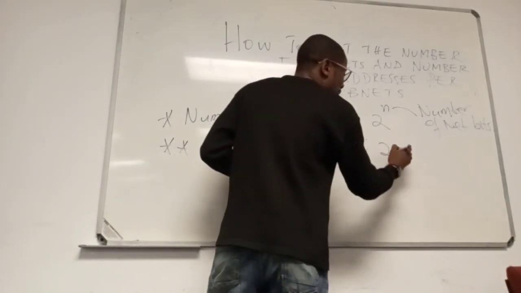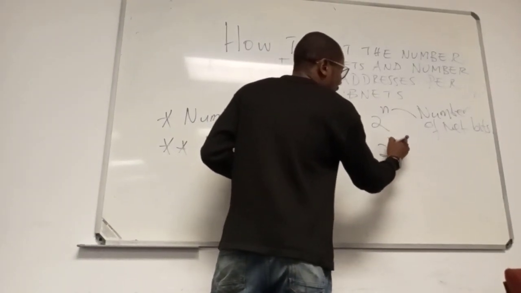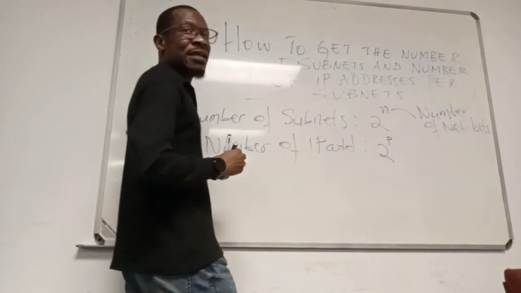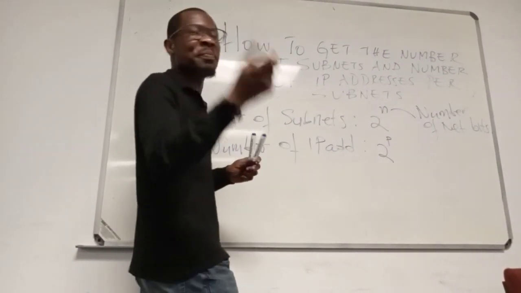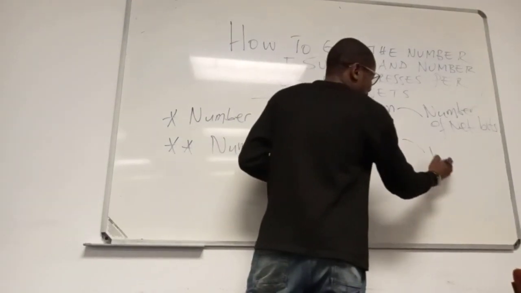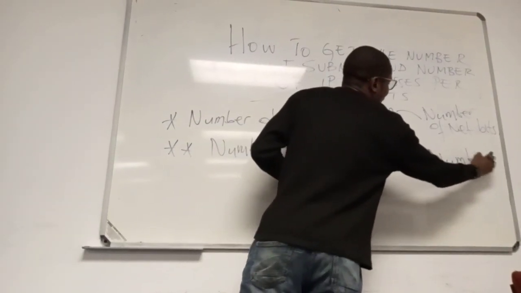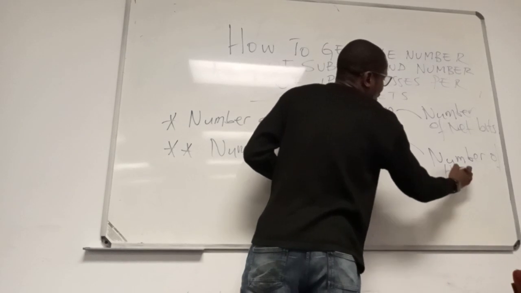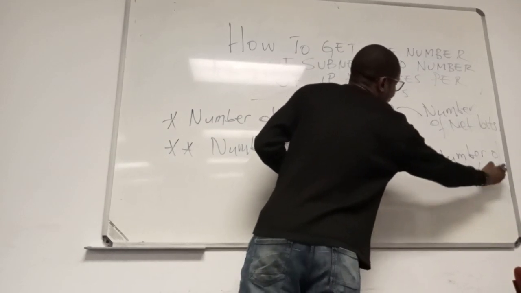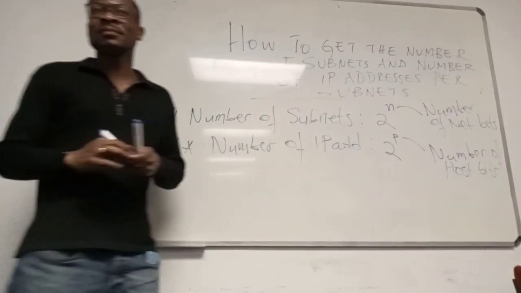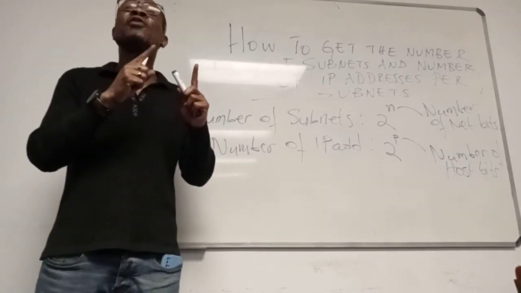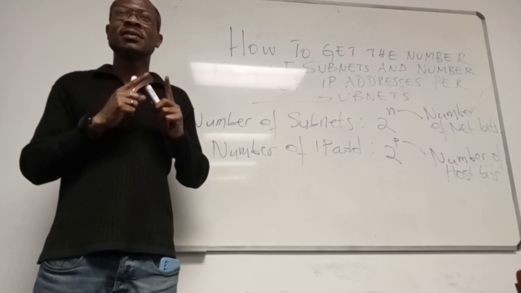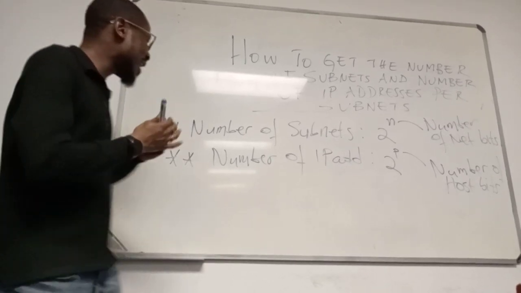It's also 2 to the power of, I can call it P. P is the number of host bits left, right? So when you borrow, you only have to count the number of ones.